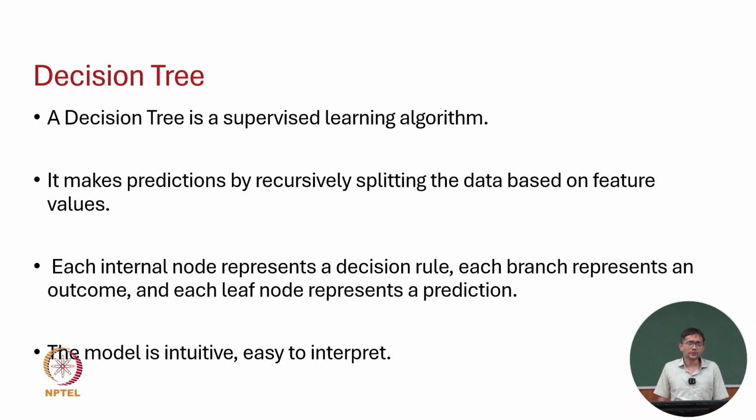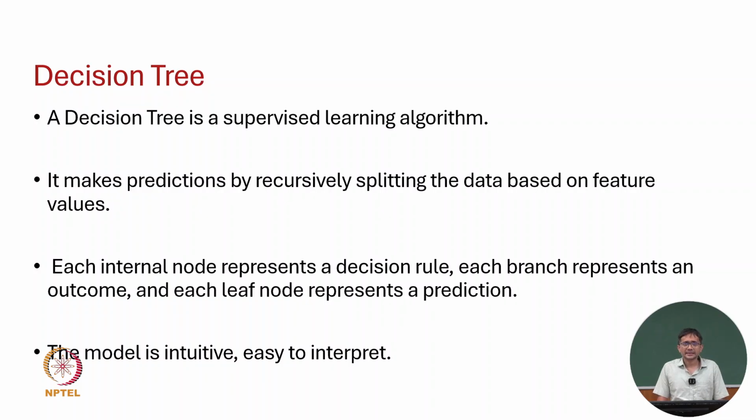The next approach that we'll briefly talk about is decision tree. We will spend just a few minutes on decision tree, and then on top of the decision tree, we will move ahead to another approach which builds on it. So decision tree is again a supervised learning algorithm.